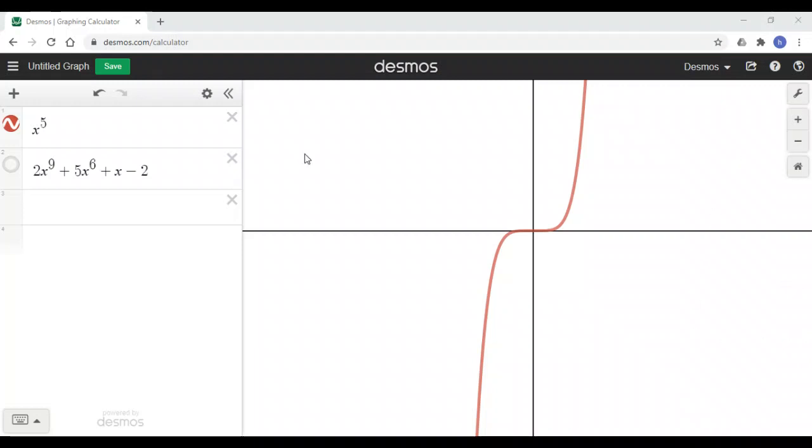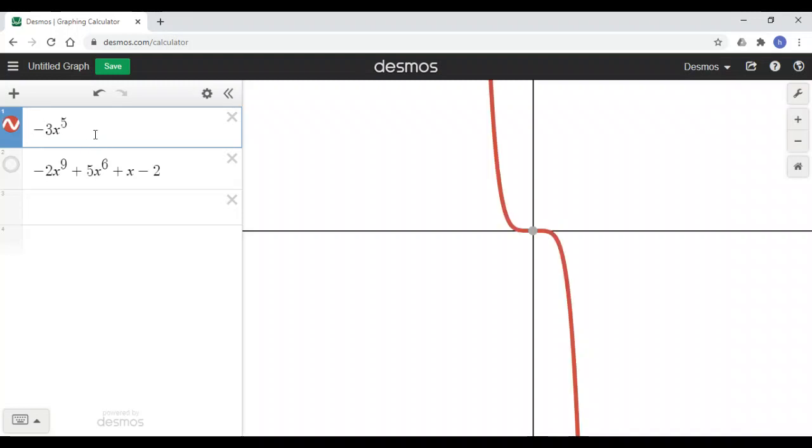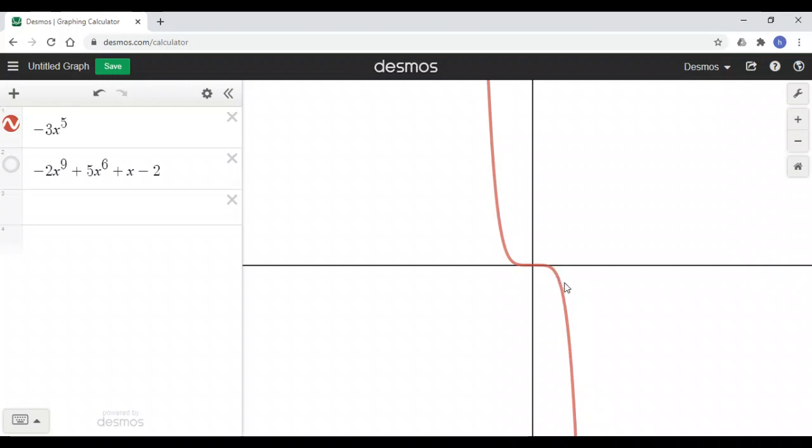Okay, so now I'm going to use, how about negative 3, and here negative 2. Let's quickly turn on the graph. So odd degree, negative lead coefficient. Look at what just happened to the graph. The right end this time points down and the left end points up.